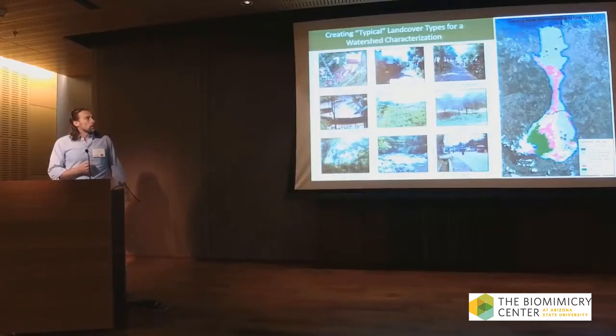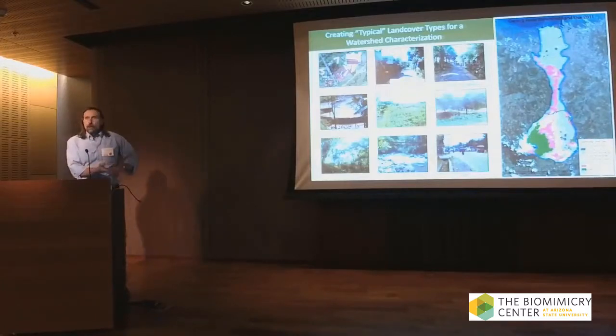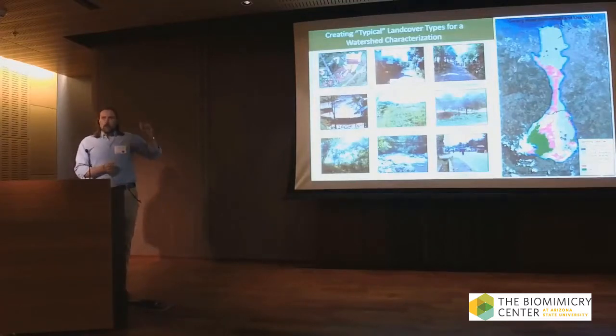Well, what we did here was we used existing land use mapping that the University of Semarang had done, and thought through, okay, so these are the land cover types they have. Is that adequate? If it is, can we do a sampling of those land cover types around the watershed to identify whether there's a typical level of performance associated with that land cover type?